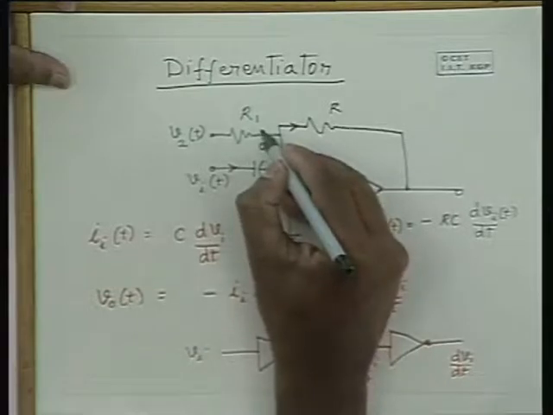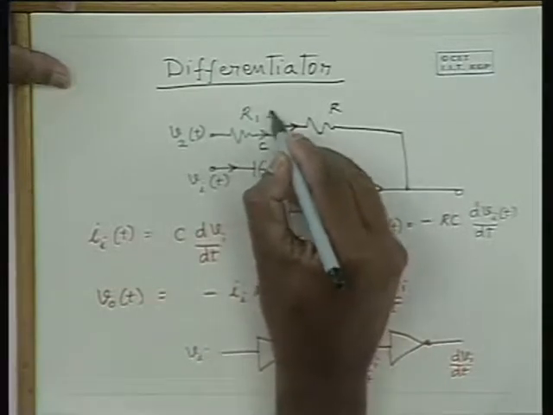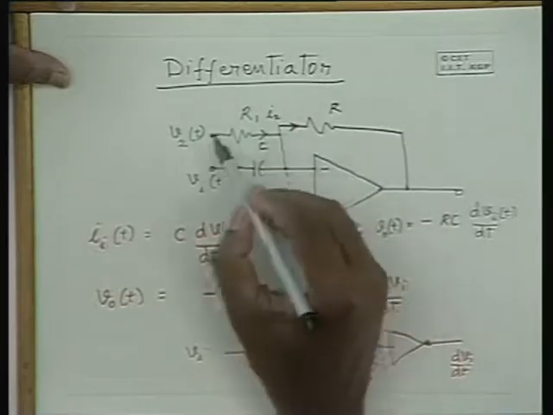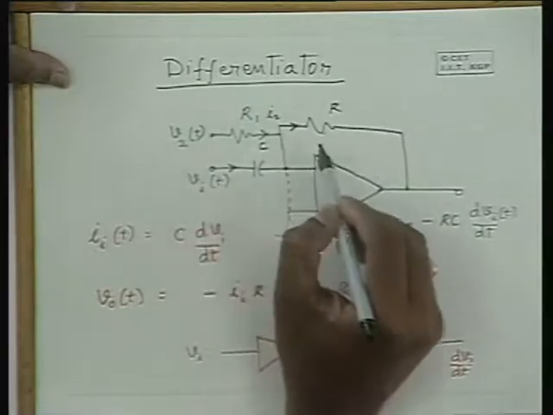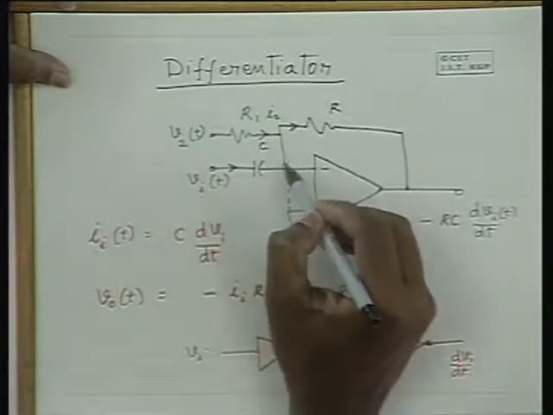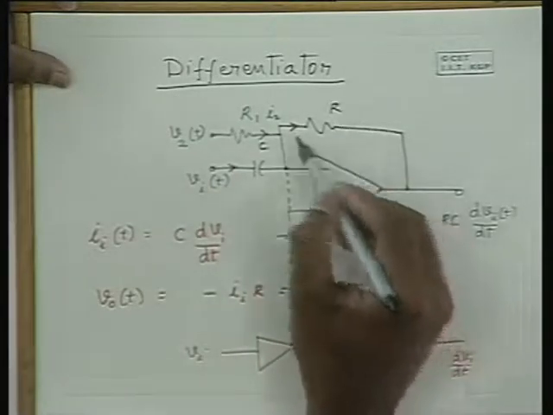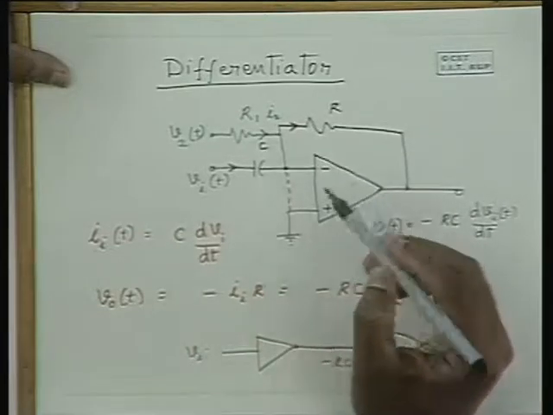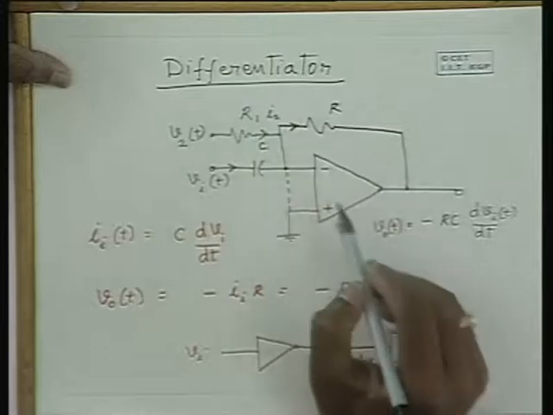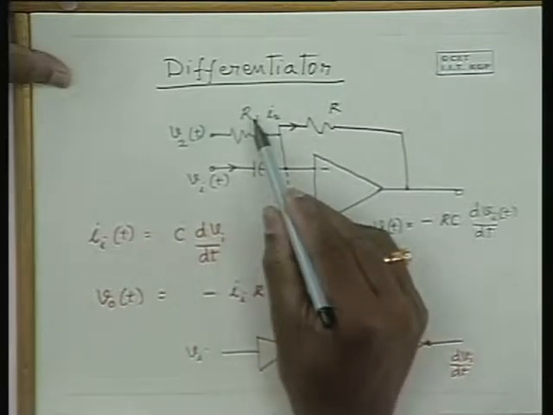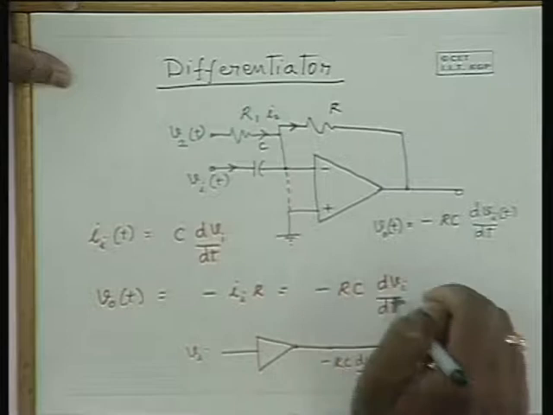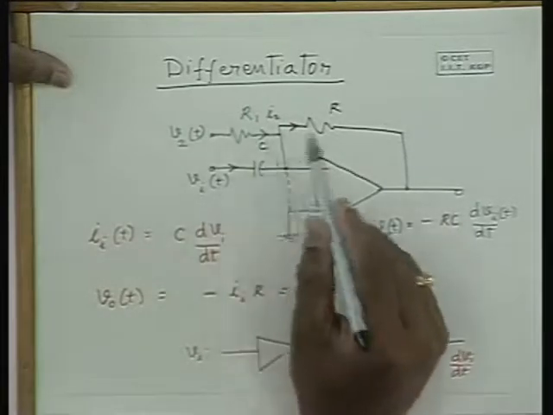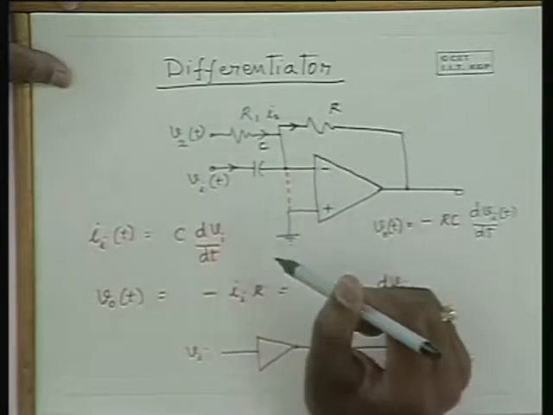So here the current that flows through this is I2, and since this is a virtual short, I2 is V2 by R1. Now I1 plus I2 combined goes through R, hence the voltage drop across R is R times that current, which is this current plus this current, and this current is minus C dVi by dt, and this current is V2 by R1.